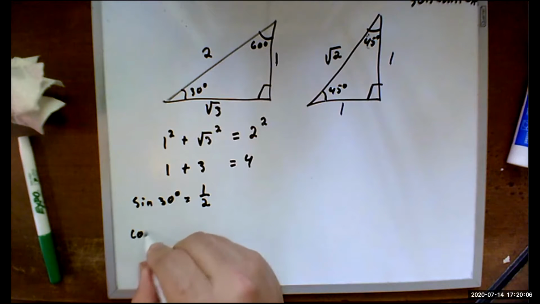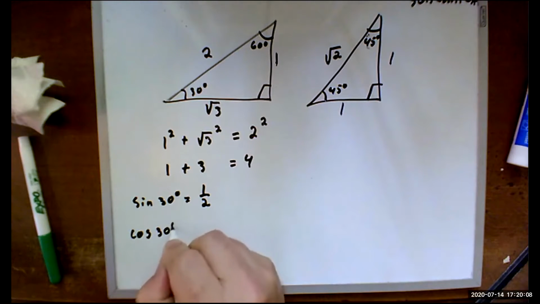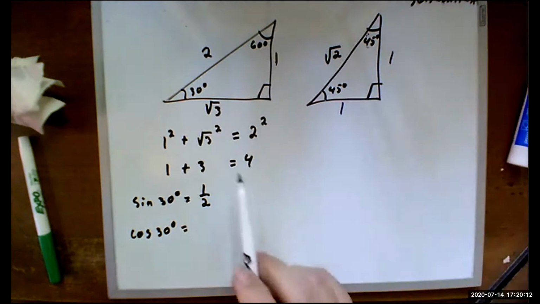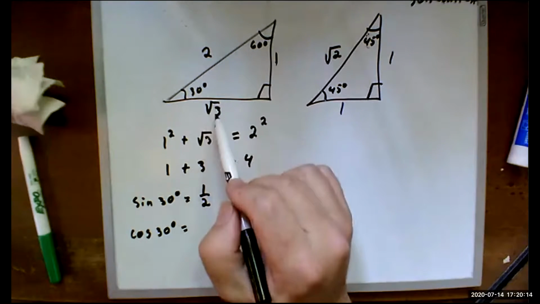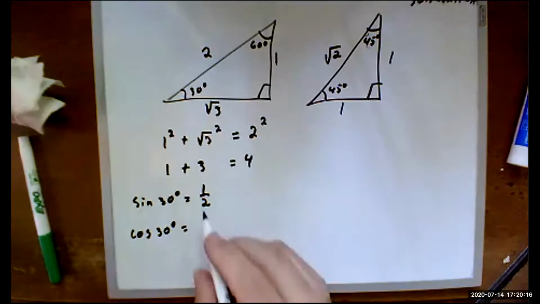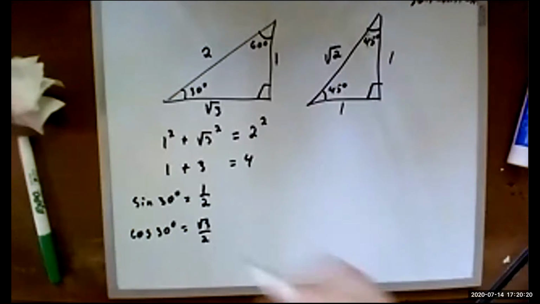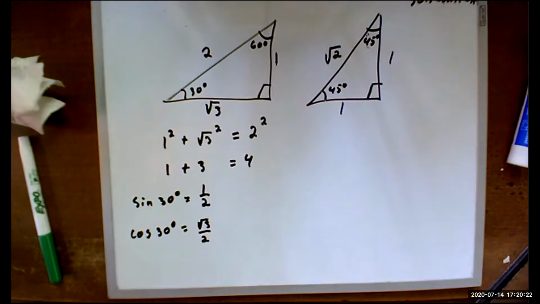The cosine of 30 degrees. Cosine is adjacent over hypotenuse. There's my adjacent. There's my hypotenuse. So I end up with root 3 over 2.